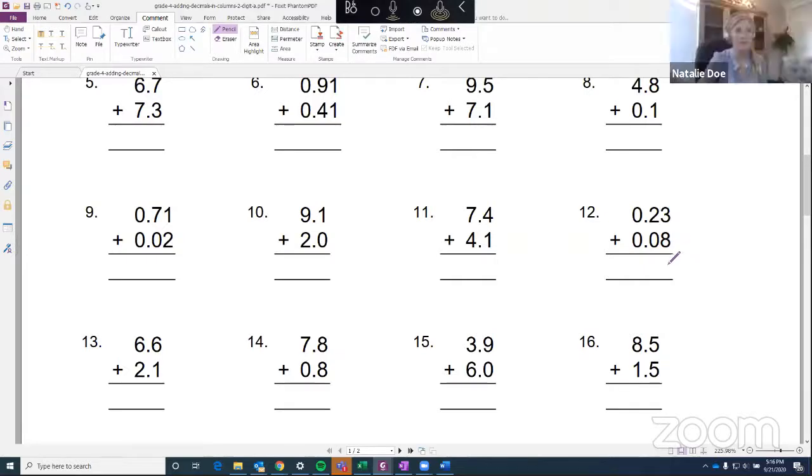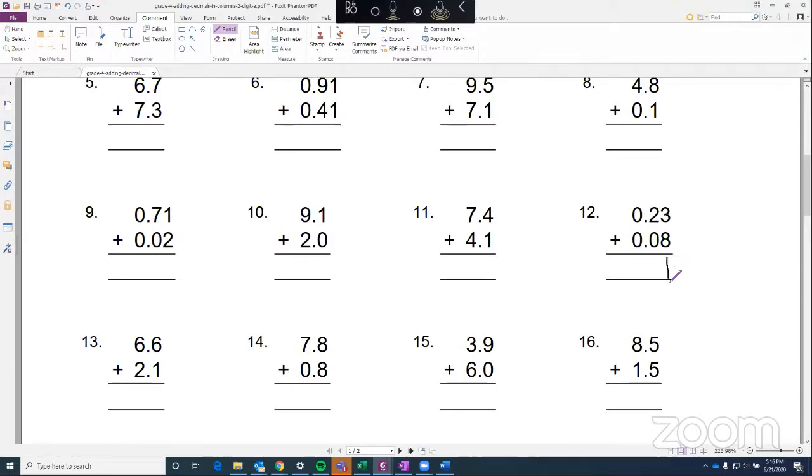Okay, so then you regroup. And then add 1 plus 2, which equals 3. 3 plus 0 equals 3. And then 0 plus 0, which equals 0.